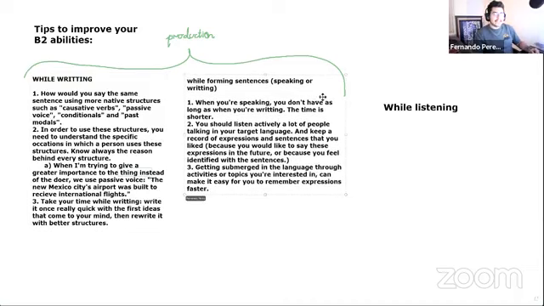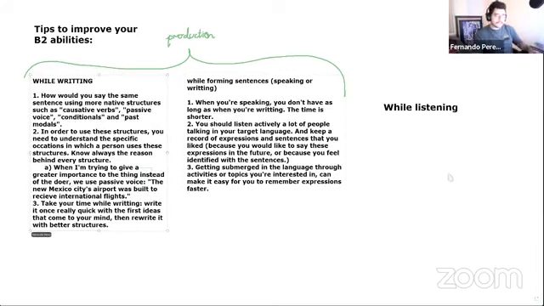Quickly is speaking or making a quick WhatsApp message or something, or writing a text. This is slow. On the other side of the spectrum, we have the passive abilities, which are targeted towards listening, absorbing information.